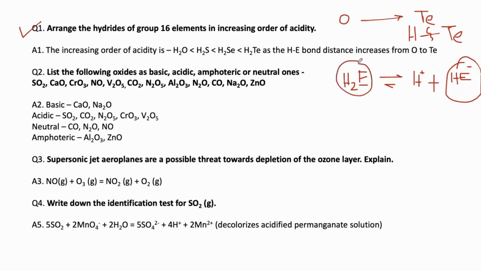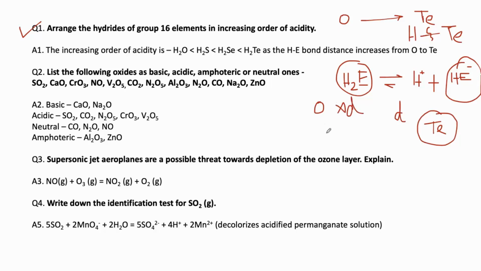So the more stable the HE minus, the higher the acidic character of H2E. When E is tellurium, tellurium is very large in size and has a library of d orbitals, and this negative charge can get stabilized in the d orbital quite easily. But in the case of oxygen, there is no d orbital, so the negative charge cannot reside on a d orbital.